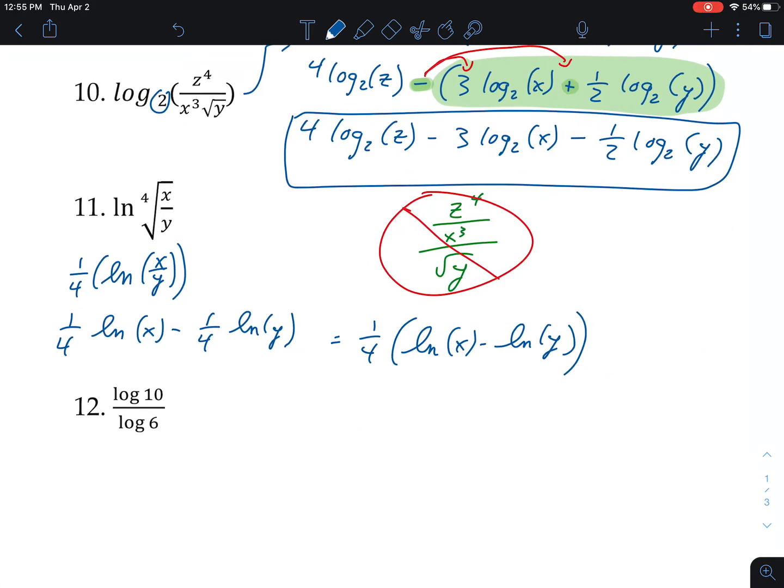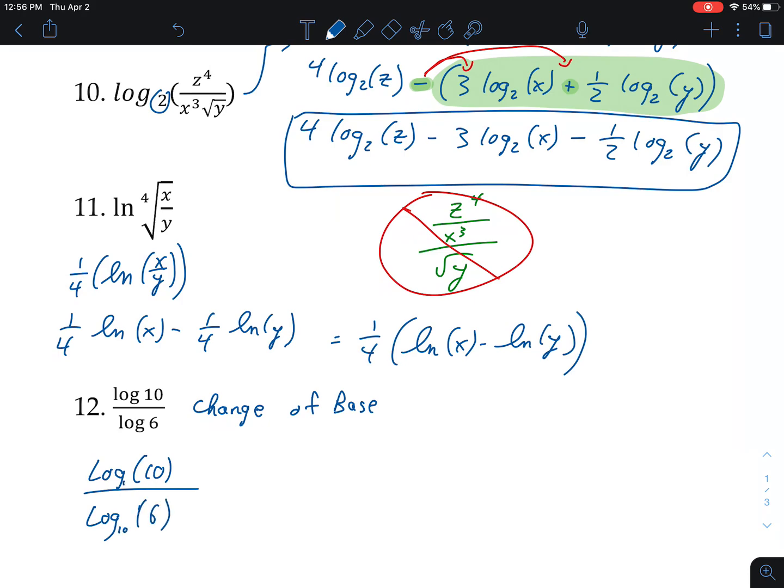Zoom out a little bit. So now this is where I think people made the most mistakes. Change of base, right? This is technically not expanding. It's probably actually the opposite, writing it as a single log, but I just threw it in here. Change of base. When we see a full log and a number, and another full log and a number, as we see here, right?